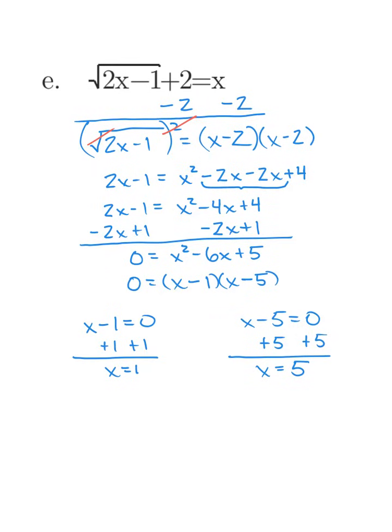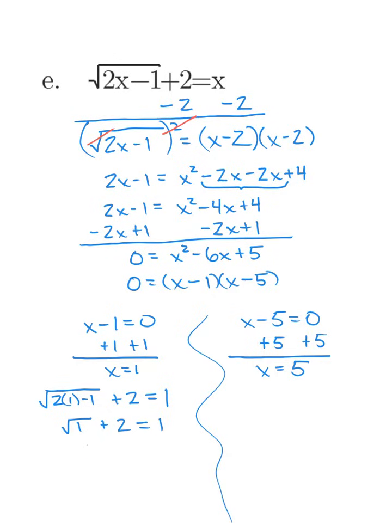So now we want to go ahead and check it. For the first one, we get the square root of 2 times 1 minus 1, plus 2. Is this equal to 1? If we simplify inside the square root, 2 times 1 is 2, minus 1 is the square root of 1.